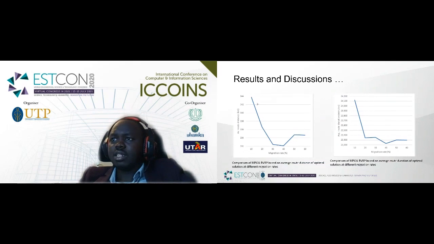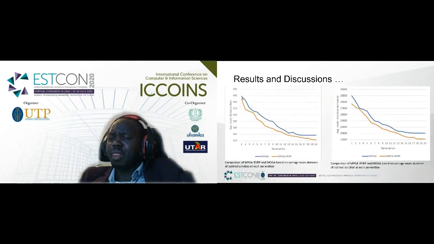If you look at the graphs, this is the distance we want to optimize, and with this 30 to 40%, we get better solutions, which is 332 or less. But if we increase the migration rate, we are diluting the population, and we are not getting better solutions anymore.